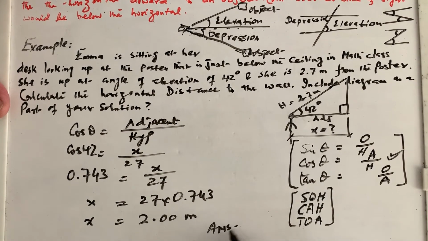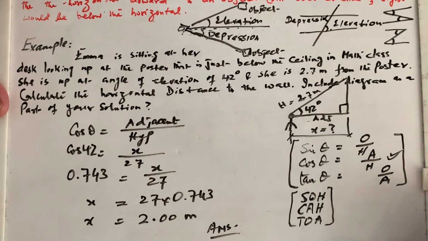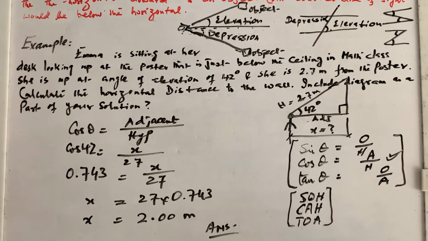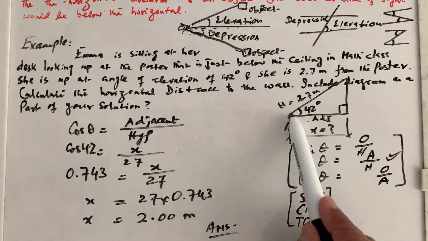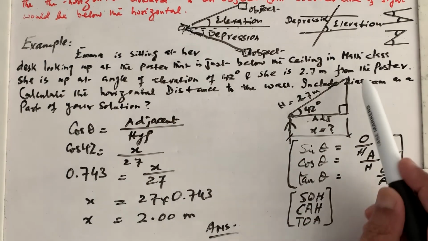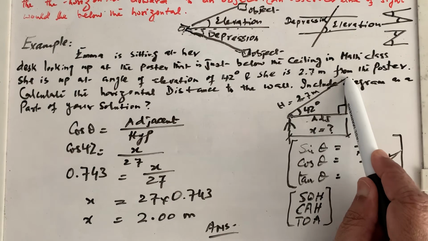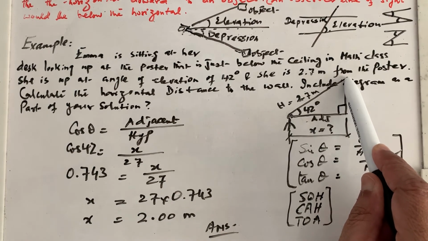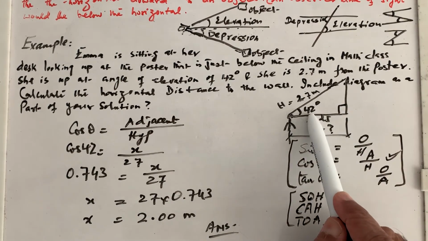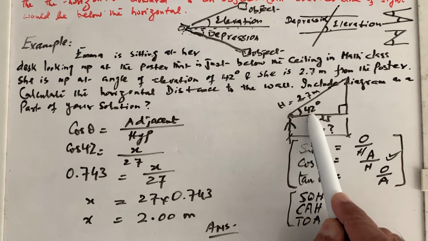Let's have a look at it one more time, and then we will take some bigger examples or bigger applications using angle of elevation and angle of depression. What was the question? Ima is sitting at her desk and she is looking at the ceiling, and the angle of elevation is 42. If any angle of elevation is given, we make a diagram.